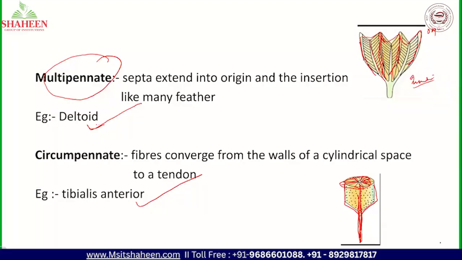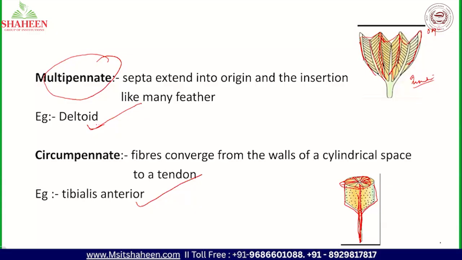Once you start your dissection, or when you go deeper into the muscle, you can see this kind of arrangement of muscle fibers. You can appreciate the arrangement of muscle fibers and classify them into these kinds of pinnate. So unipinnate, bipinnate, multipinnate, and circumpinnate.